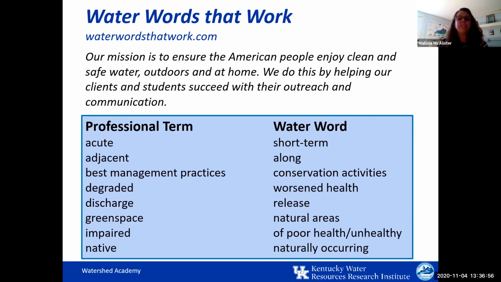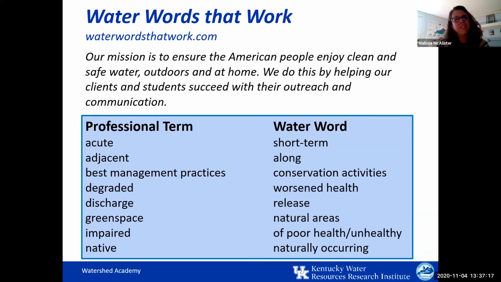This organization has a wide range of information on their website. But the basic premise is that there are key words that will be better understood as replacements for some of our professional terms, like best management practices doesn't really translate to most people.